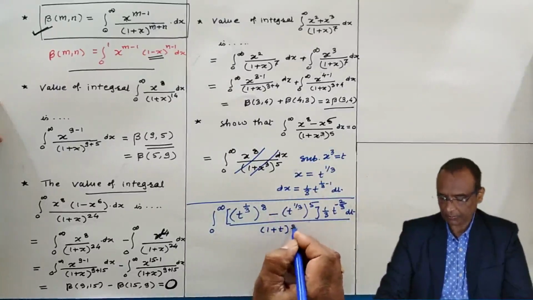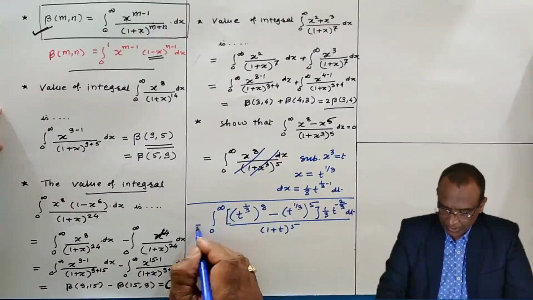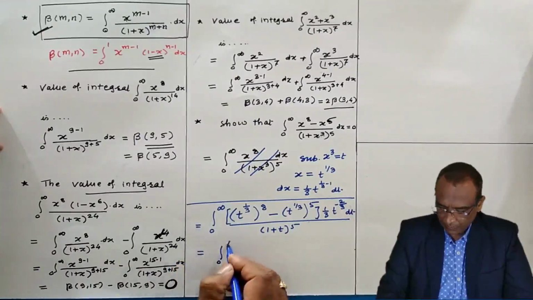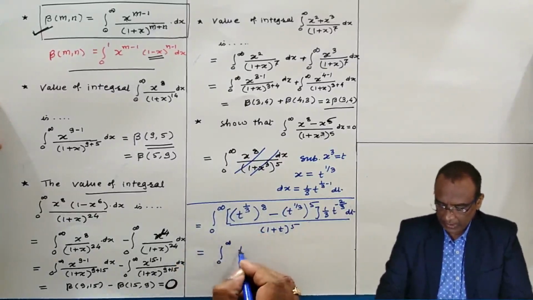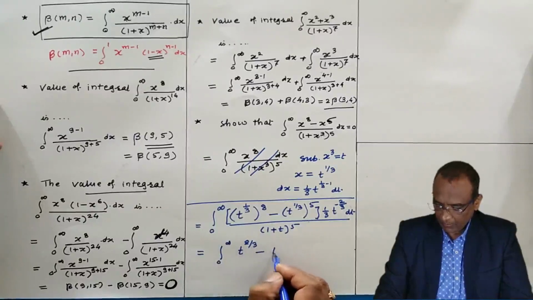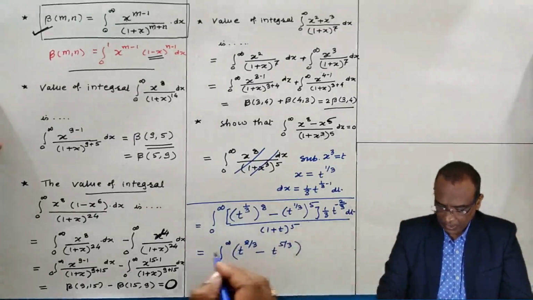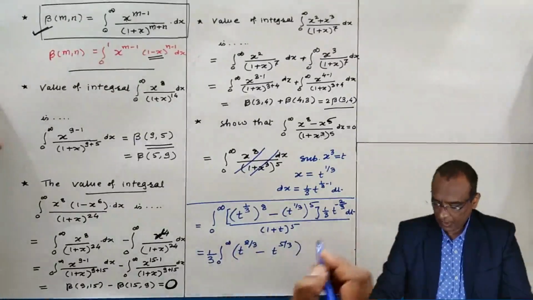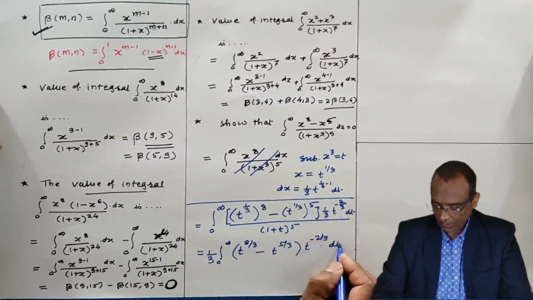Now, solve it for one more step. Integral 0 to infinity, t power, indirectly writing 8 by 3 minus 5 by 3. The 1 by 3 is outside, t power minus 2 by 3 dt.